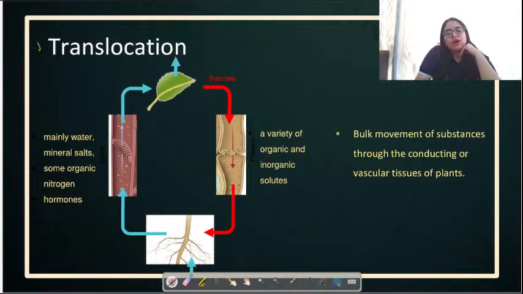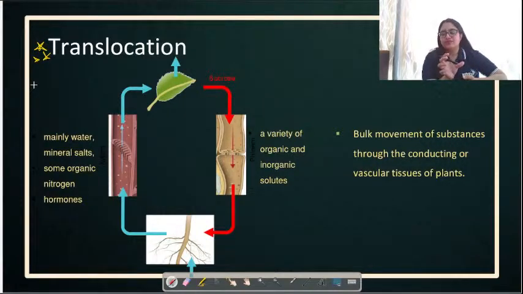So now let us talk about in detail what translocation is. So see students, translocation is nothing different. Translocation is the term given to the transport of substances that take place via xylem or phloem through mass flow system.